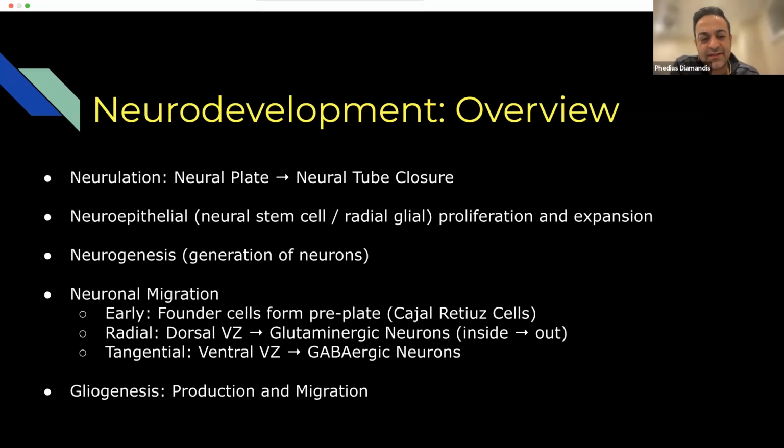These then coordinate both the radial migration from the dorsal ventricular zone to form the glutamatergic neurons of the cortex in an inside-out fashion. And then there's tangential migration from some of the ventral ventricular zones to form the GABAergic inhibitory neurons. Only then do you really get the generation of glial cells through gliogenesis from the same ventricular zone.